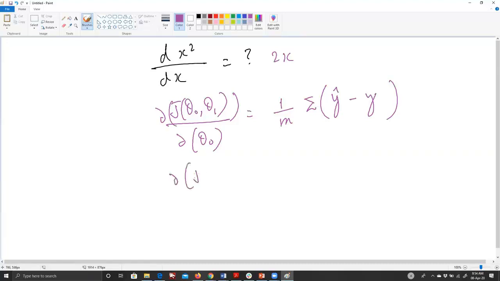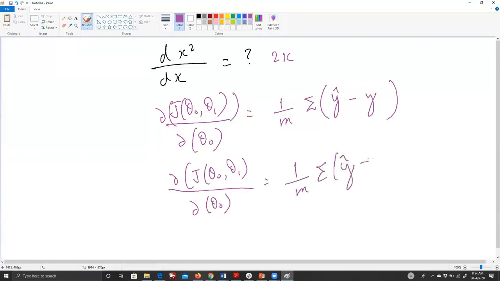But what about the other one, if it was theta 1? Where did this x come from? If you remember, if I wanted to do a partial differentiation in terms of theta 1, something like this would happen. So this is the equation. Let's say you wanted to do this part.